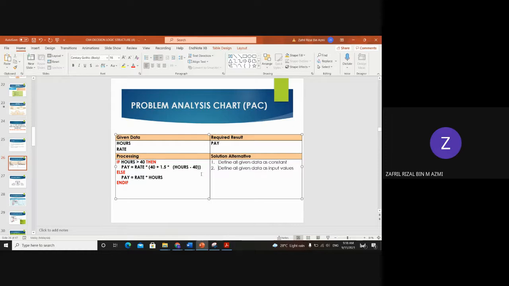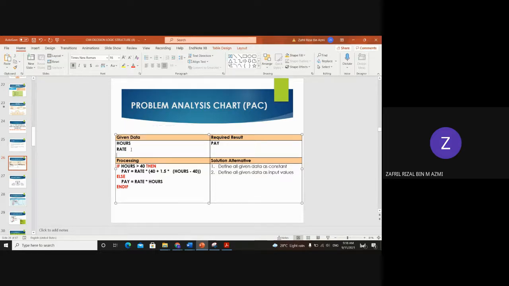But let's say you want to focus on constant. This has hours and rate, where we focus on the input, as I explained earlier. Let's say you have a constant, time equal to 100. Then you put time over here.